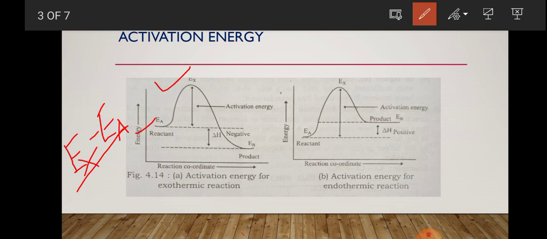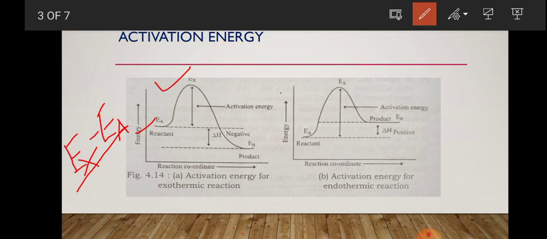That means when the value of EX minus EA, that is activation energy, is high, then it is hardly acquired by minimum number of molecules. So rate of reaction is less.